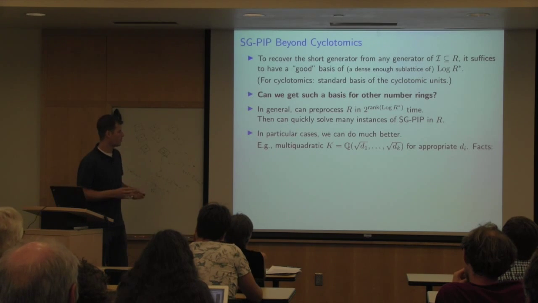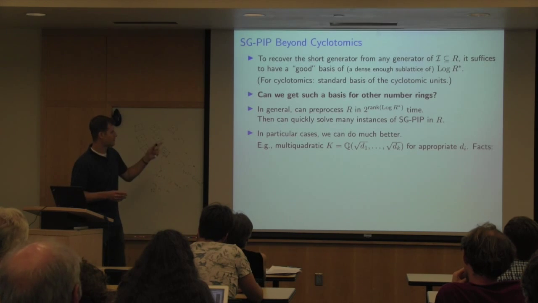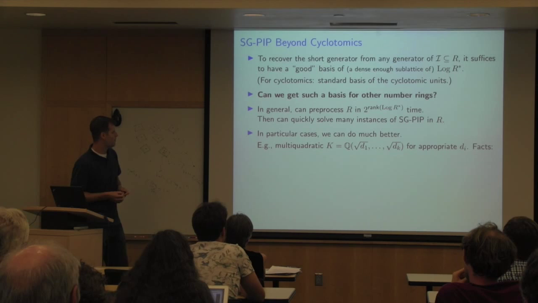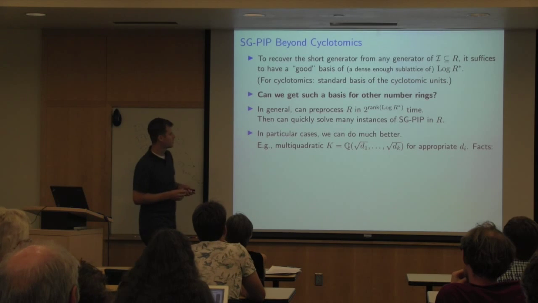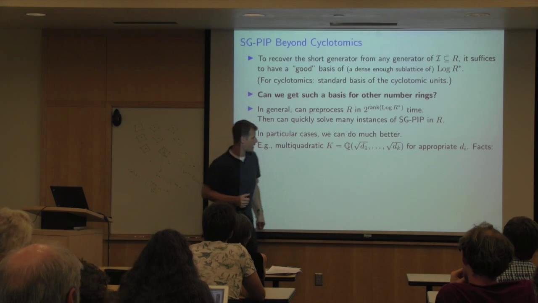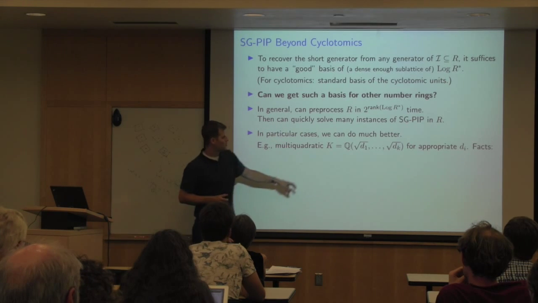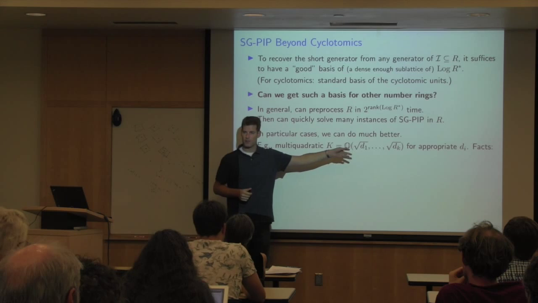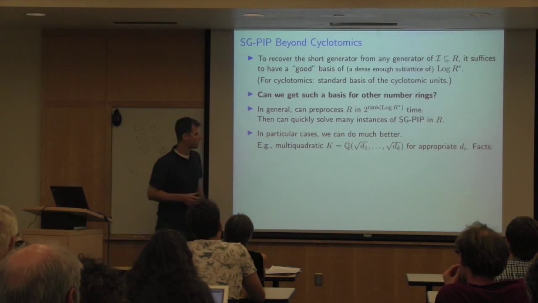This is just one example I found in Conrad's notes. Take a multi-quadratic: adjoin several square roots of d1 through dk. The d's should be square-free and multiplicatively independent modulo squares.